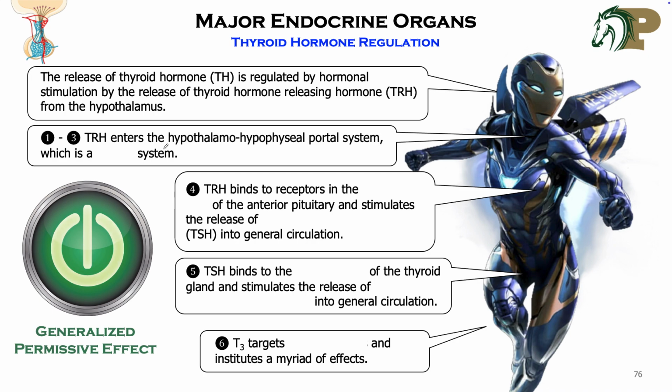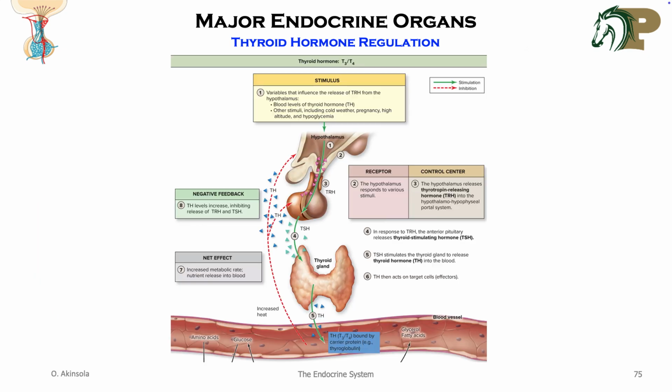TRH will enter the hypothalamo-hypophyseal portal system, which is a venous system, meaning that blood will be heading back to the heart. So that is essentially what is going on in 1, 2, and 3. TRH making its way down to the pituitary through that portal system.